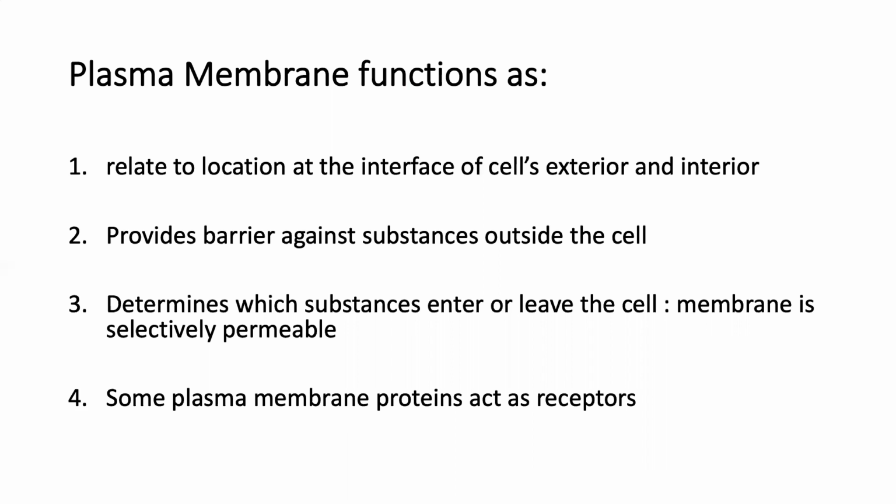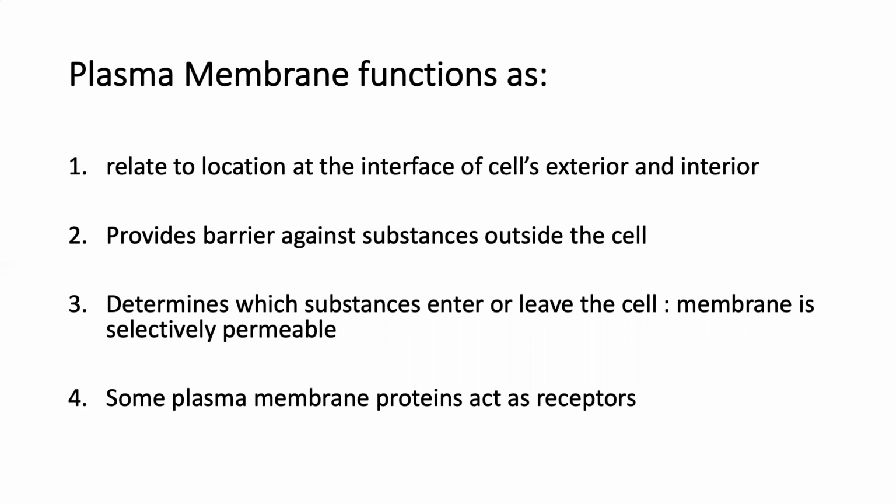It provides the barrier against movement in and out of the cell. It also determines which substances from inside the cell leave to the outside and which substances from outside can come into the cell. And there will be plasma membrane proteins, which also act as receptors.